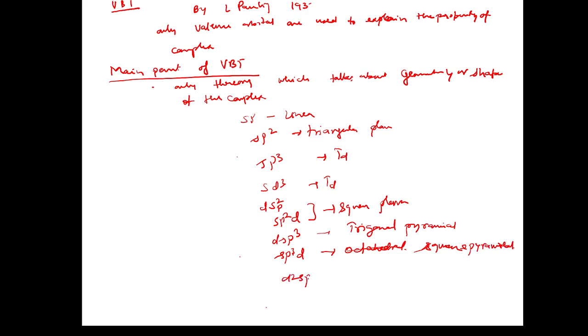And d2sp3 or sp3d2, these are the octahedral. So the first main point of VBT is that this is the only theory which talks about the geometry or shape of the complexes.